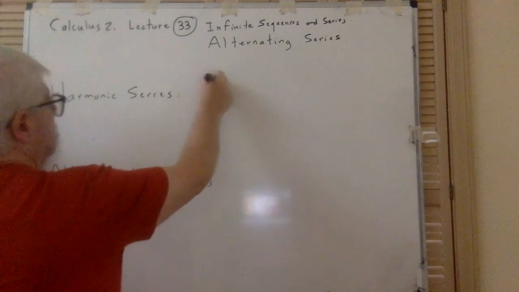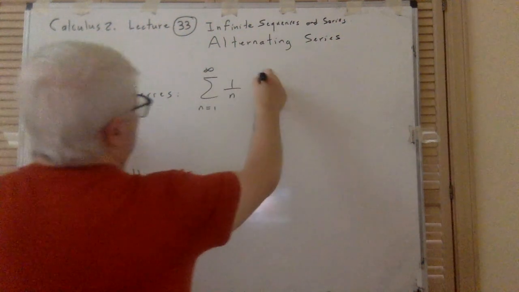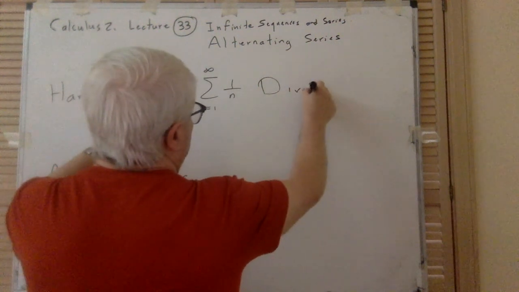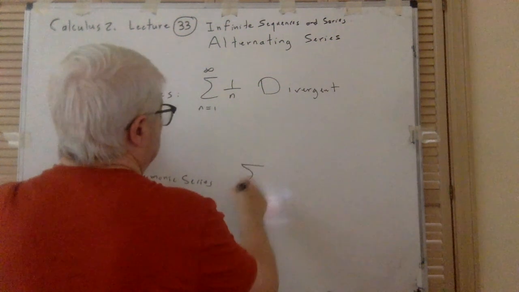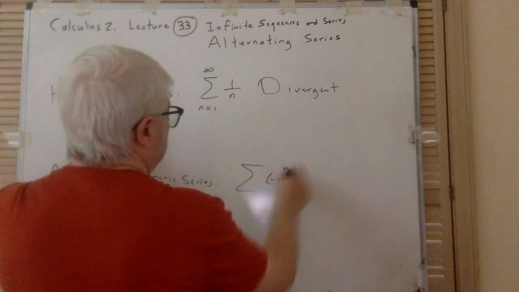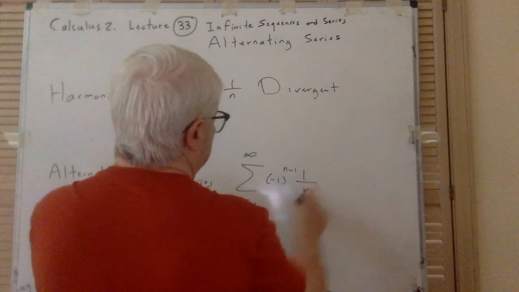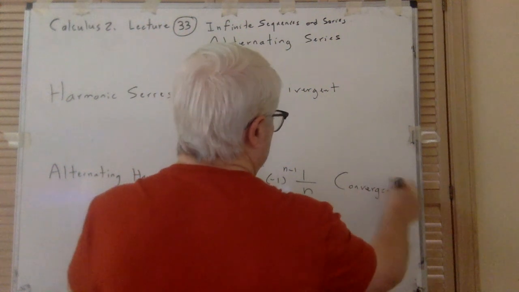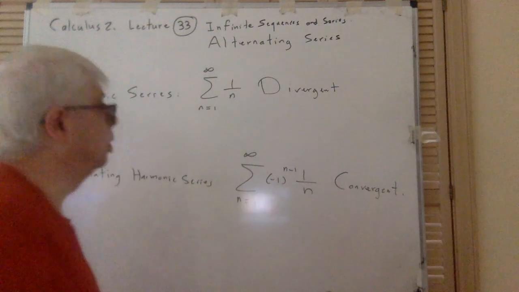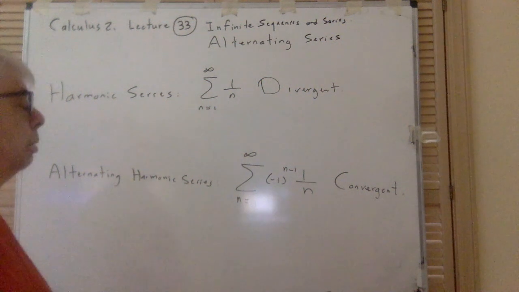The harmonic series was this: the sum of 1 over n, from 1 to infinity, divergent. This one, the sum of negative 1 to the n minus 1 over n, from 1 to infinity, is convergent. Okay, so these are two of the most important examples.